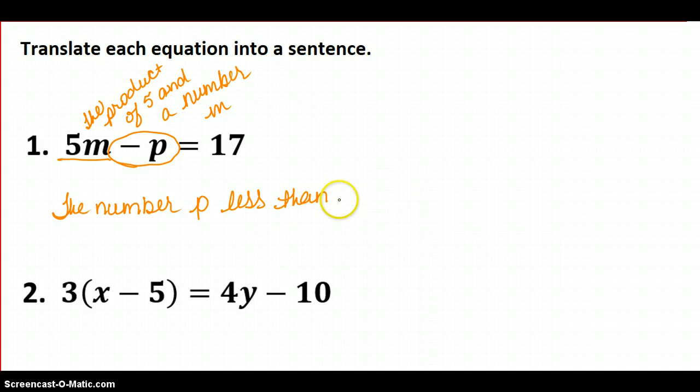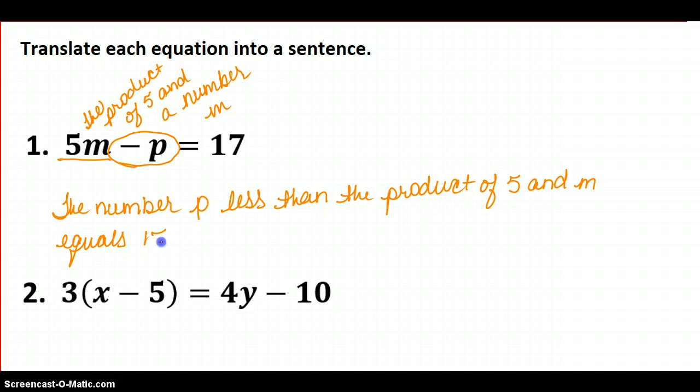Less than the product of 5 and m equals 17. And I don't think you need to write out the word five and the word 17. If you choose to do that, that's totally fine with me.